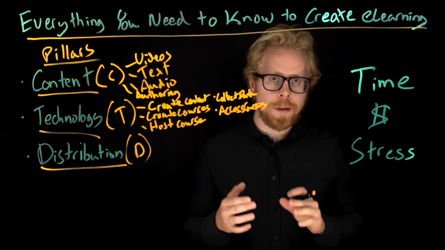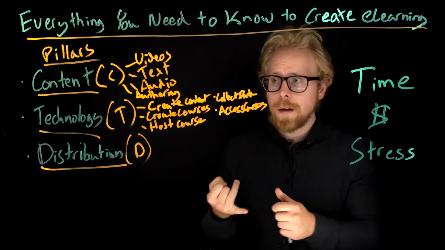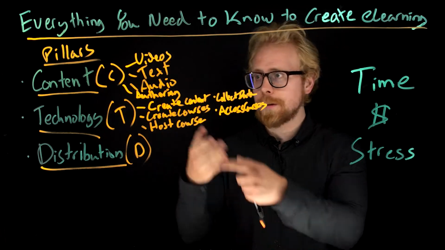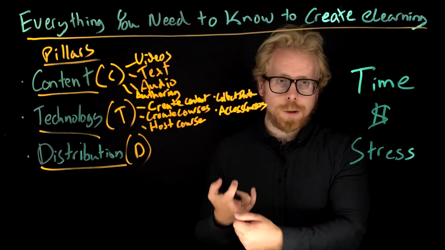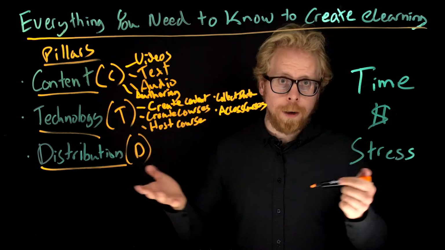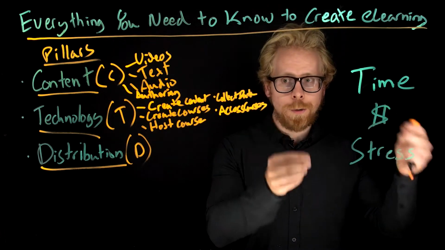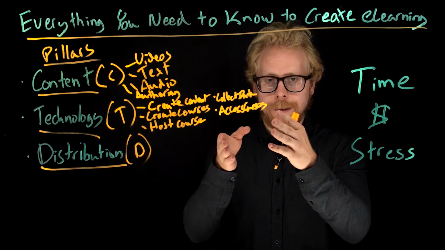That's what technology means from an e-learning perspective. Technology that creates content, technology that creates courses, authoring tools do that, technology that hosts courses, technology that collects data around your learners, and technology that actually allows your users to access those courses.